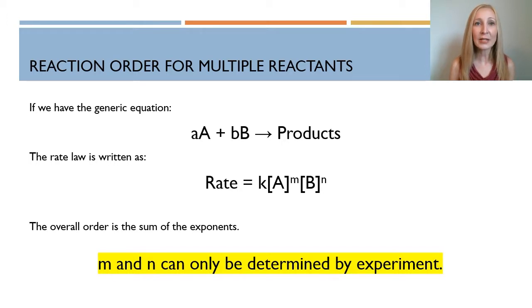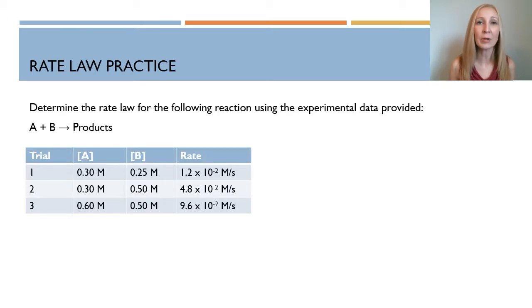So let's take a look at some actual experimental values with reactions that have more than one reactant. So A and B here. What we need to do is find a situation where, if we're solving for A, then all the B's need to stay the same. And if we're solving for B, then all the A's need to stay the same.